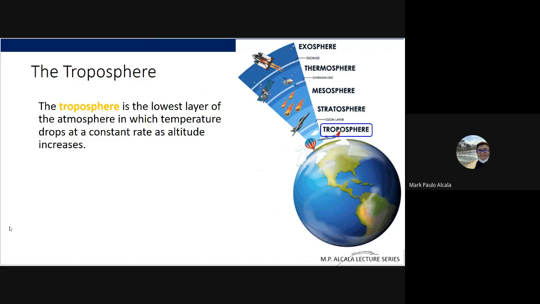So, like at Mount Fuji and Mount Everest, those are elevated areas, thus it freezes there, right? This is the part of the atmosphere where weather conditions exist. The troposphere is Earth's densest atmospheric layer, and extends to 18 kilometers above the Earth's surface.